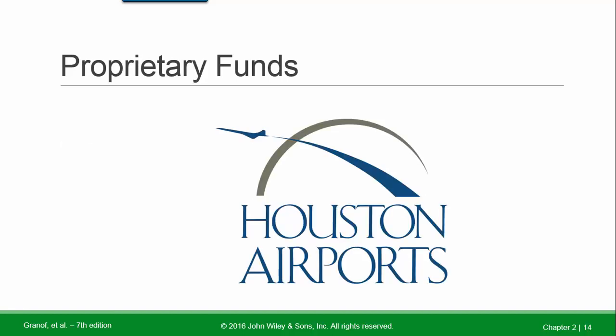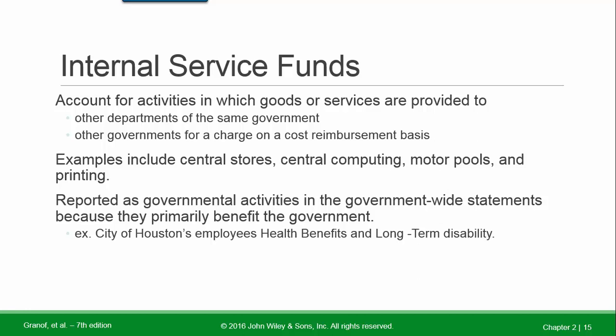Let's look at proprietary funds. Internal service funds account for activities in which goods or services are provided to other departments of the same government or other governments for a charge on a cost reimbursement basis. Central stores, central computing, motor pools, and printing are reported as governmental activities in the government-wide statements under GASB 34, because they primarily benefit the government.